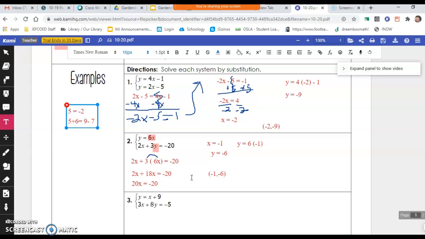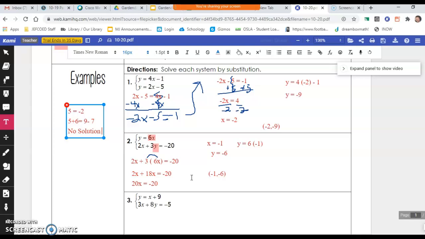Does 5 equal negative 2? Does 5 plus 6 equal 9 minus 7? No. Those are not true statements. Okay? So what would you say about those solutions? They are what? It's no solution.